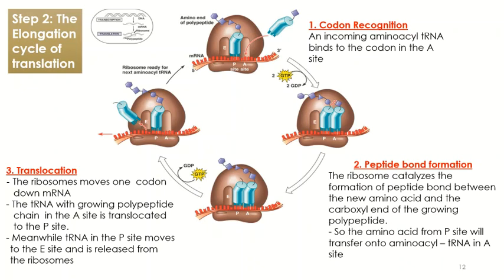That's why it is named the E site, or exit site. The empty tRNA at the E site will go out from the ribosome and find another amino acid, and the cycle will keep continuing to prolong the polypeptide.